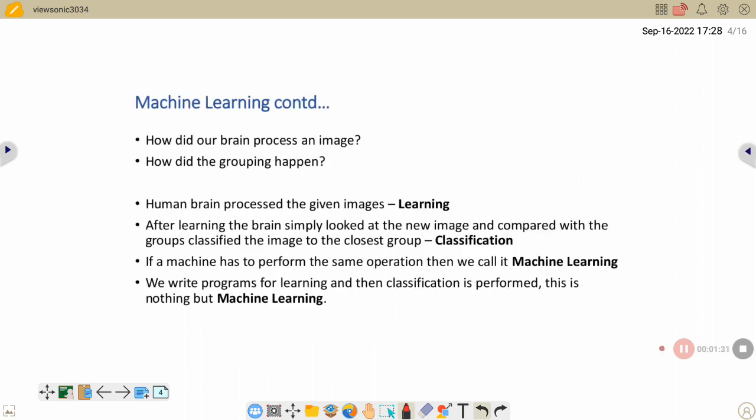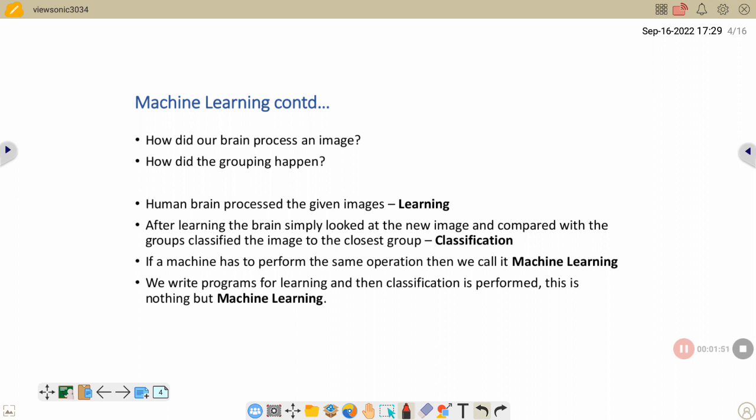So, if I now ask, how does our brain process an image? The human brain processes the images. This process is called the learning process, right? And then how do we do the grouping? Suppose we want to do the grouping of several images, right?